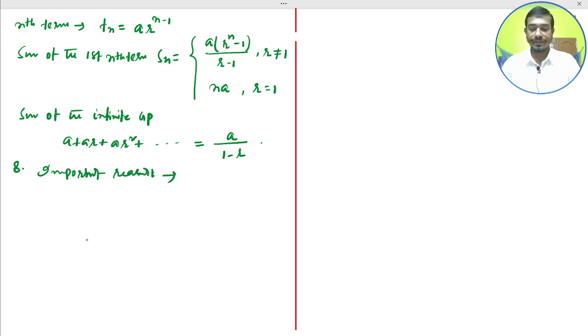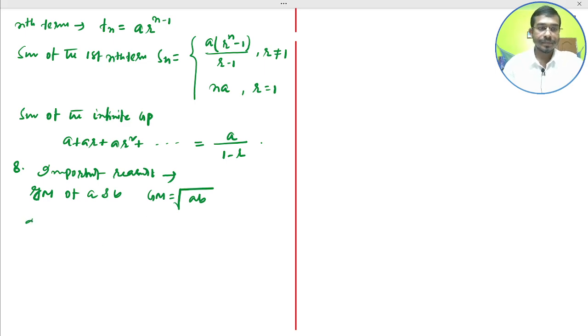Important result: the geometric mean GM of A and B would become GM is equal to root over AB.